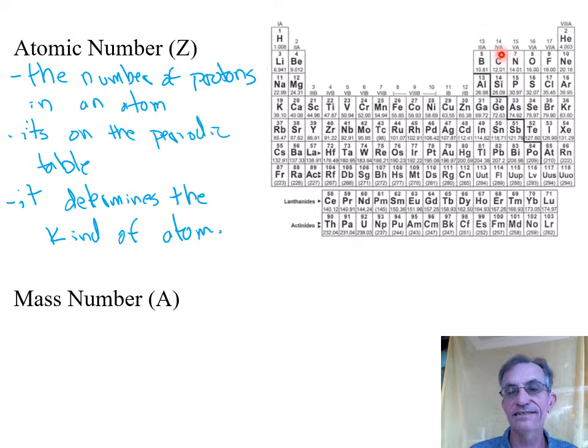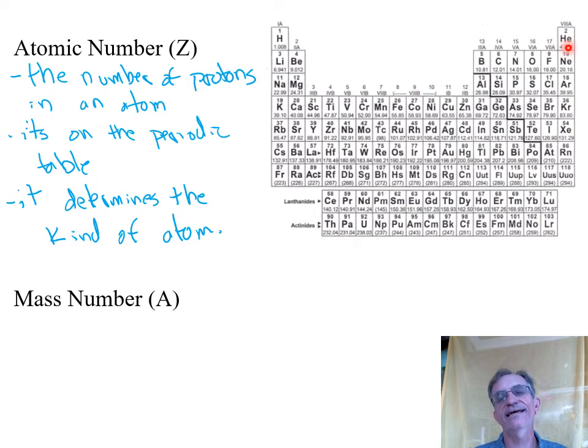The way it works is if we look at, for example, carbon, I see 6 there. Any carbon atom anywhere in the universe, it doesn't matter where it is, will have 6 protons. Any aluminum atom anywhere in the universe, I don't care where you are, you've got 13 protons. Any magnesium atom anywhere in the universe, you're going to have 12 protons. Now, we could also think of it the other way.